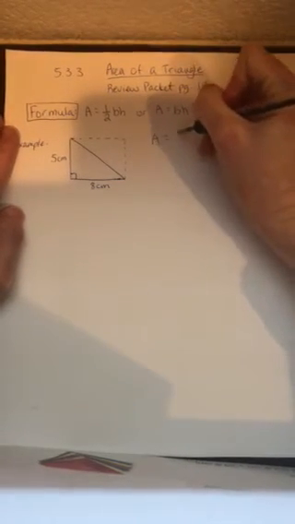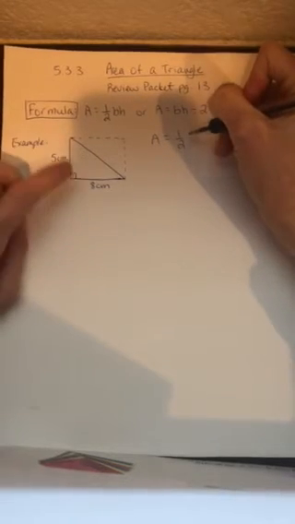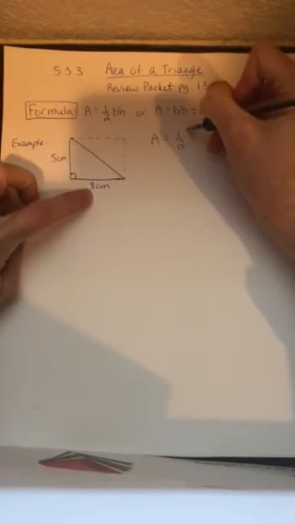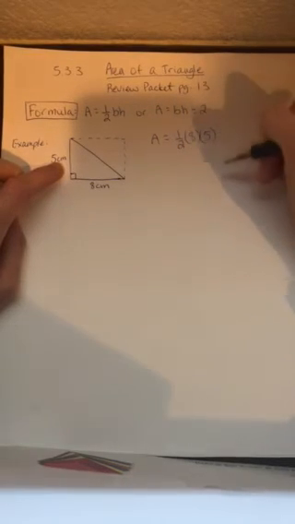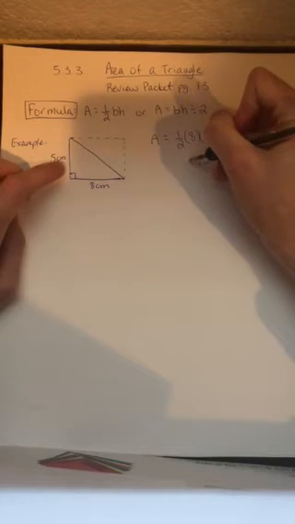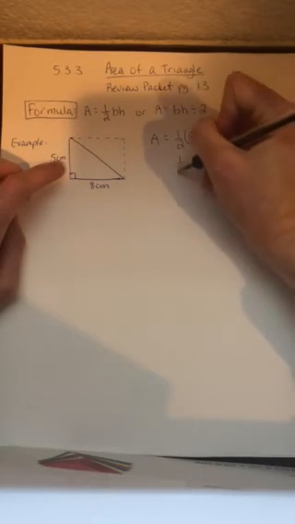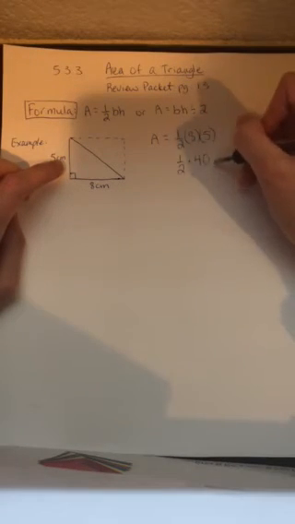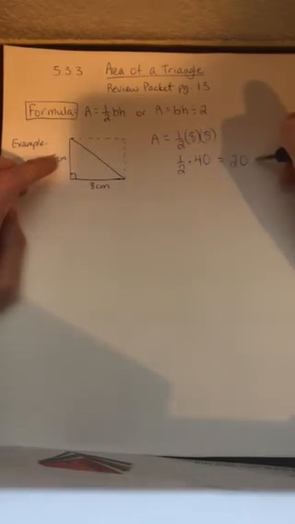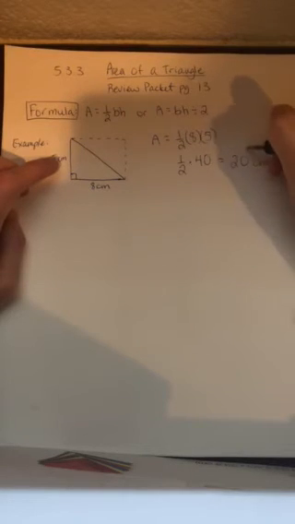Area equals 1/2, the base is 8, and the height is 5, okay? 8 times 5 is 40, and I know that if I split that in half, half of 40 is 20 centimeters squared, because we're counting the squares inside its area.